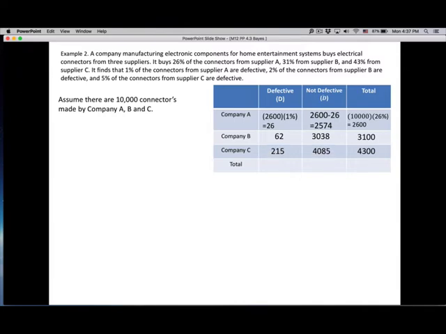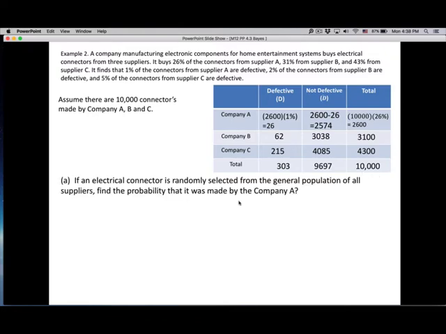And then after that, find out the total number of connectors that are defective. So add it up here, column 1. And then add it up here, find out the total number of connectors that are not defective. Okay, double check, add it up, the total has to be equal to 10,000. Or here also, the total has to be equal to 10,000.